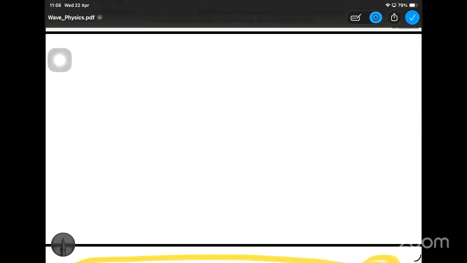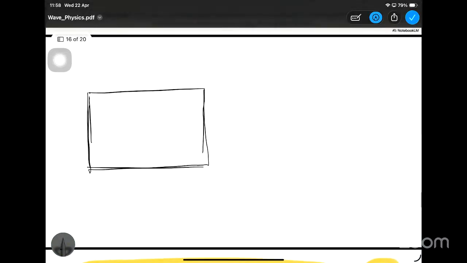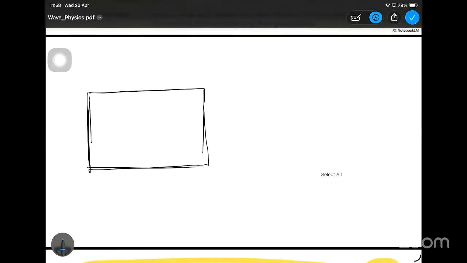We are using an A4 paper, so this is the typical practical. This is the A4 paper, and we are going to place the glass block. Just imagine we are using a glass block.